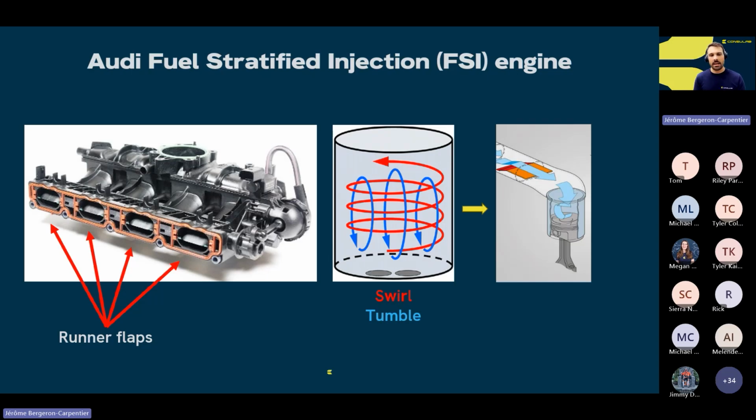In our intake manifold, we're going to have some rotor flaps that are able to change the orientation of the air, and it's going to create some swirl and tumble.